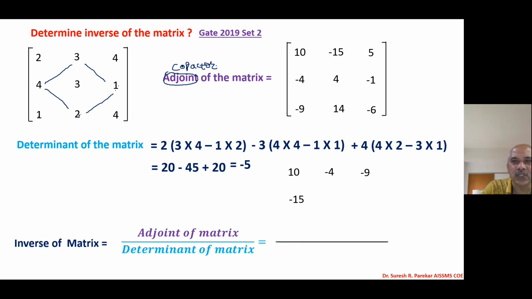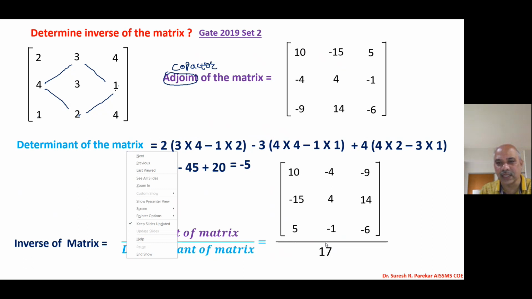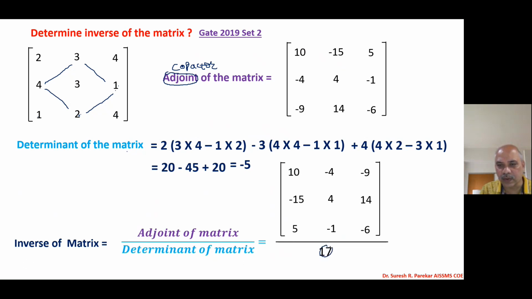So we have changed rows into columns, and now the determinant is minus 5. So 10 minus 15, minus 5. And then if you want, you can divide it by minus 5.